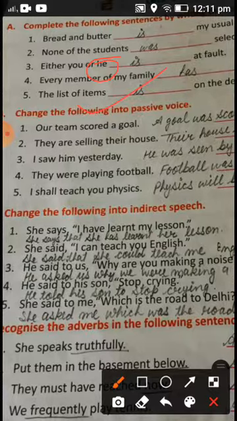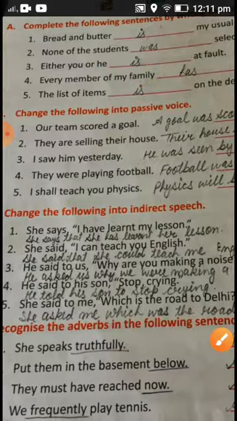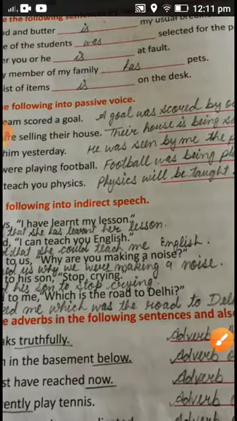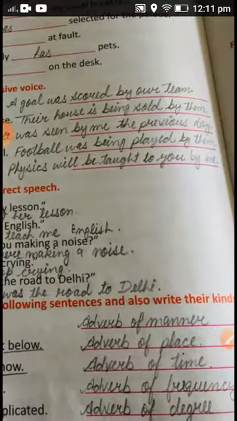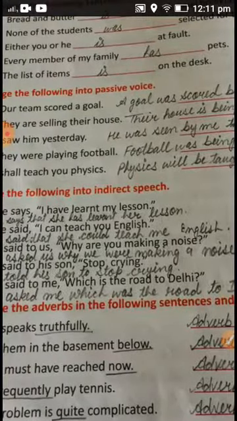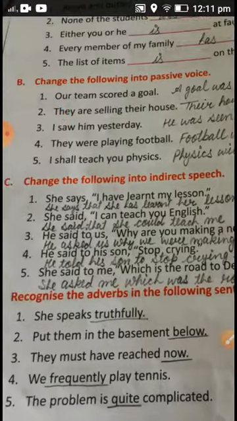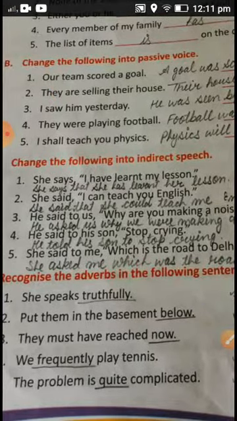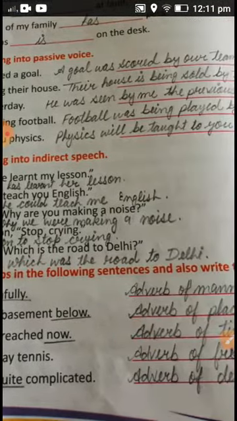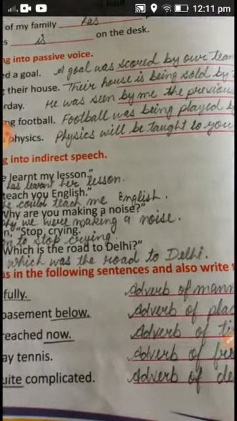Next one, change the following into passive voice. So how we have to change, our team scored a goal. A goal was scored by our team. I have already explained each and every chapter in your previous videos. Okay, this is the overview of all the chapters. All the exercises are combined together. Next one is, they are selling their house. So their house is being sold by them.